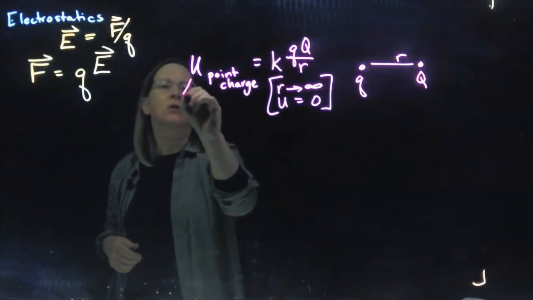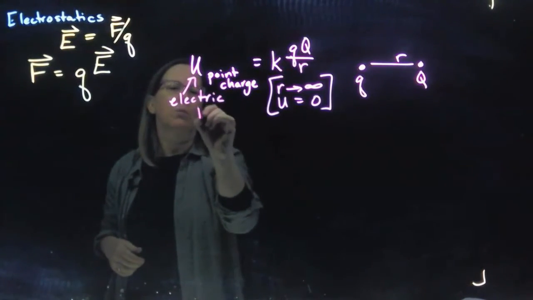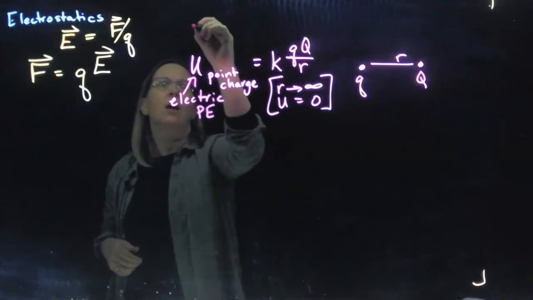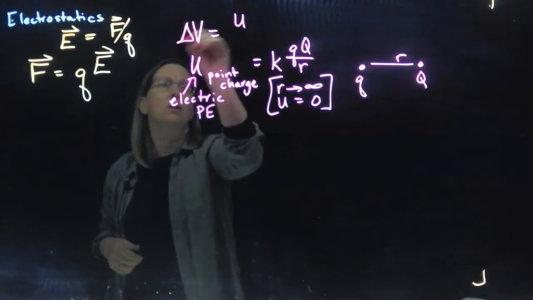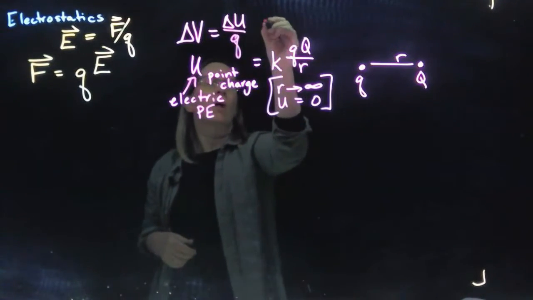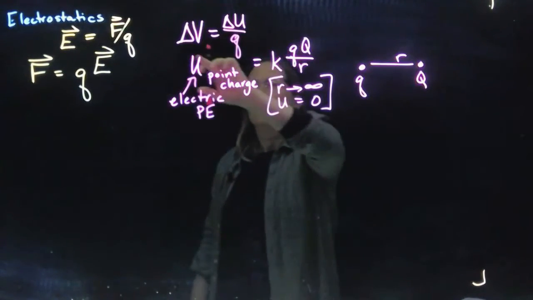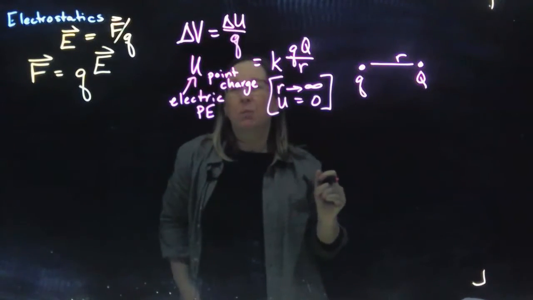So this is electric potential energy, and then this, it's really delta V equals delta U over q. And that is a change in potential, what is called electrostatic potential.